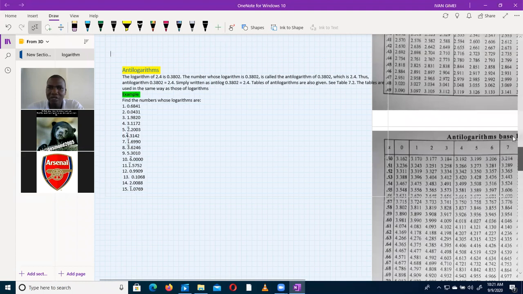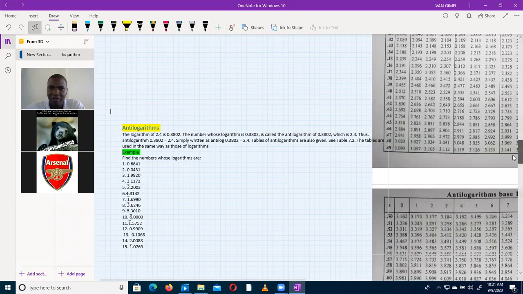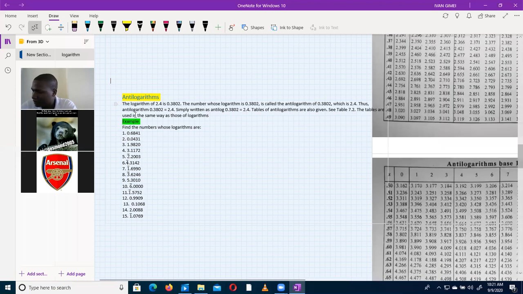Okay, let me just start from here and we continue. The logarithm of 2.4 is 0.3802. The number whose logarithm is 0.3802 is called the antilogarithm, which is 2.4.